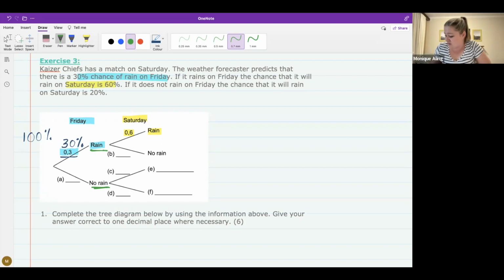Purely because they've put decimals in this tree diagram, I just converted the 70% to 0.7 in decimal form. So our percentages always have to add up to 100. If we've got one percentage, we say 100 minus that percentage to get what the other one must be.